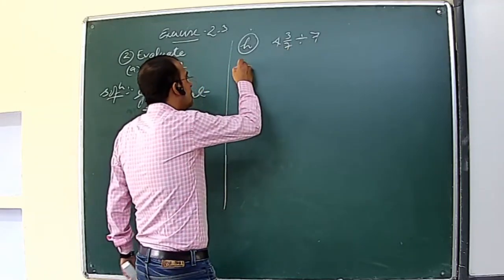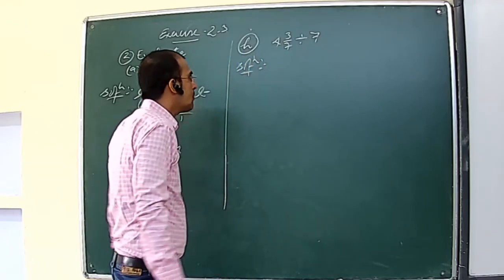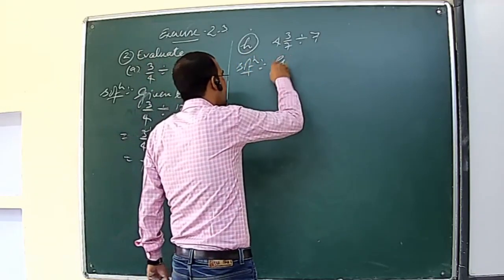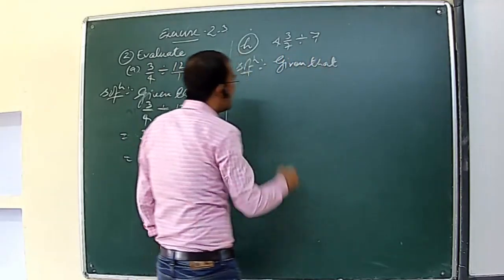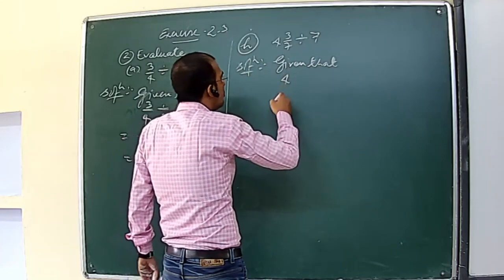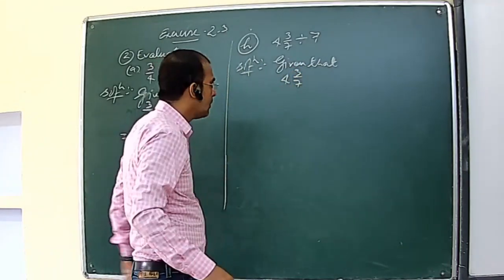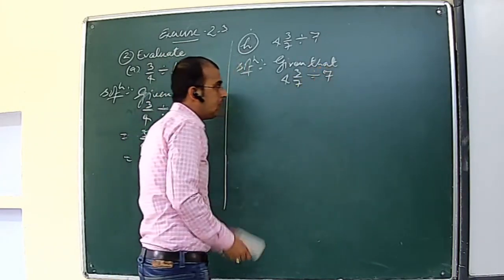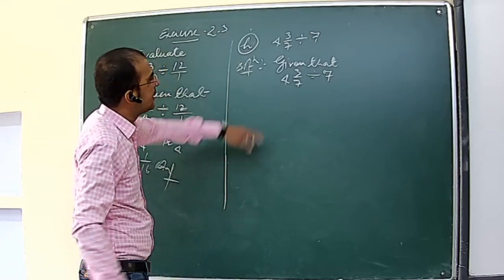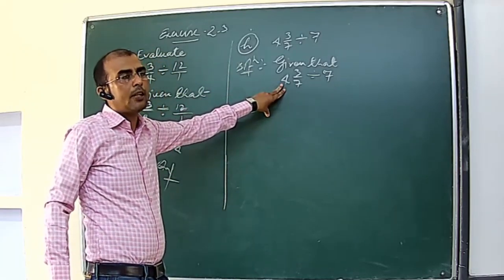So what will be the solution? We can see, given that 4 whole 3 by 7 divided by 7. First of all, we will change this mixed fraction into an improper fraction.